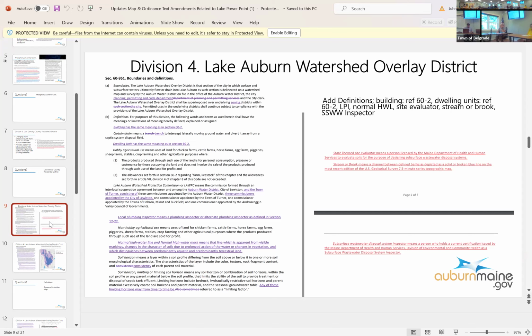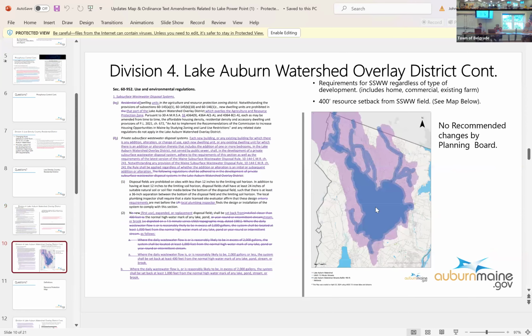There's always something, there is. If we looked at some of this additional information here, this is that 7.5 minute series map, this is our whole entire watershed that we're looking at. But anything that we have 400-foot buffers, and this is just an example tying into your question.